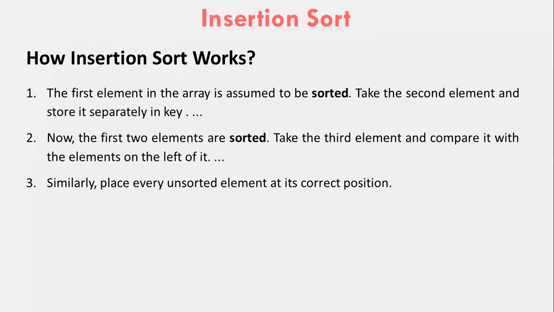Now let us consider the same example we saw in bubble sort, which consists of 5 elements: 14, 35, 28, 39 and 6. Let us use a for loop, for i equal to 1 to 4, that is from the second element of the array to the last element.